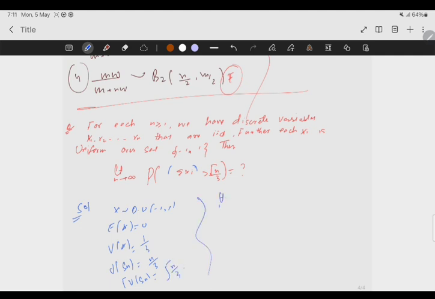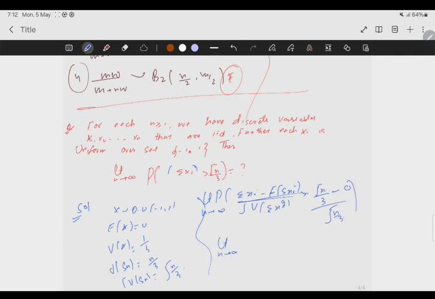Clear? So limit n tending to infinity probability of summation xi minus expectation of summation xi divided by standard deviation of summation xi, that is greater than under root n divided by 3 minus expectation of this, that is 0, divided by under root variance of summation xi, this is under root n divided by 3.